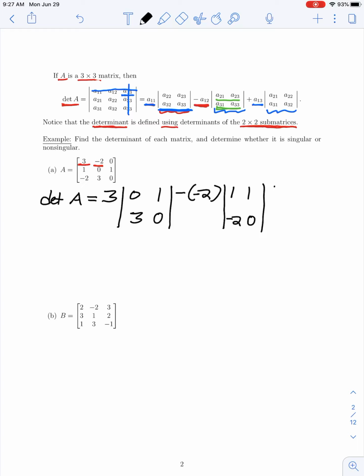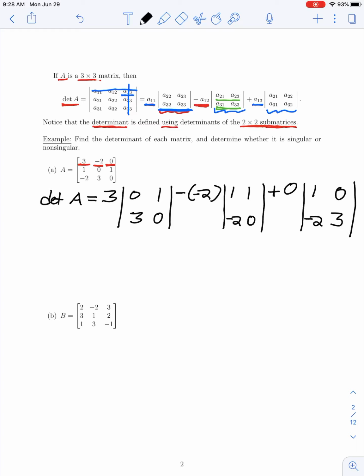And then we add the third entry in our first row, which here is 0. Since this term is 0, we don't need to find the determinant of the 2 by 2 submatrix since we're going to multiply it by 0 anyways. But just to write out the details, that last 2 by 2 submatrix would have the determinant of 1, 0, negative 2, 3.